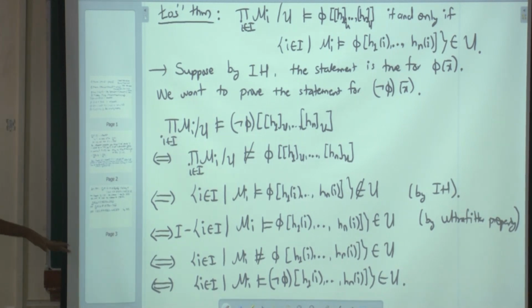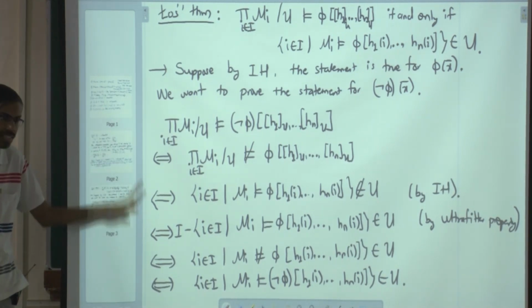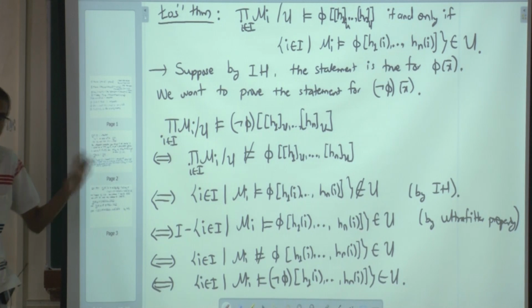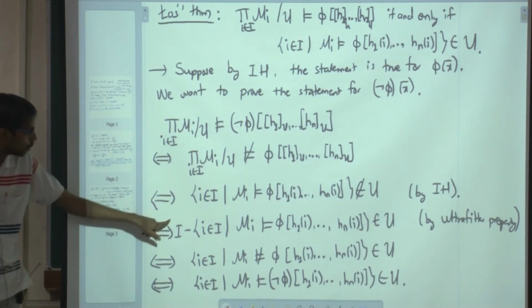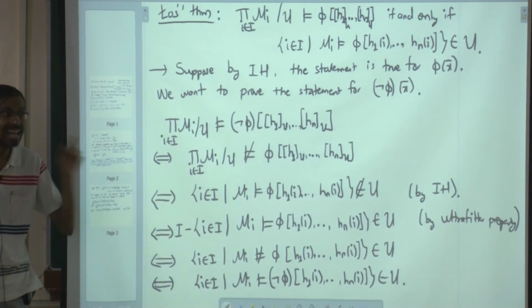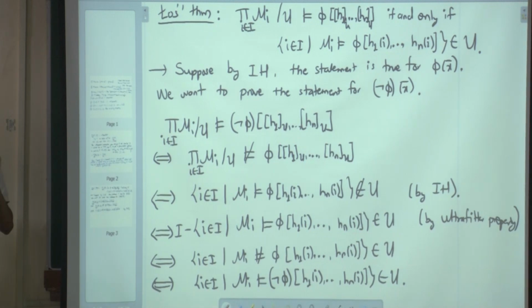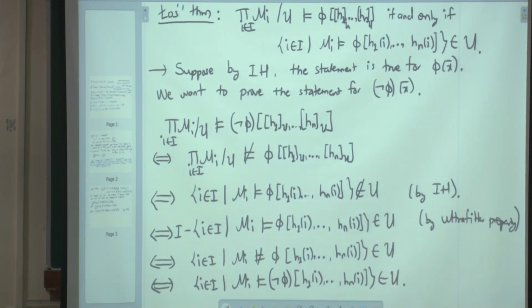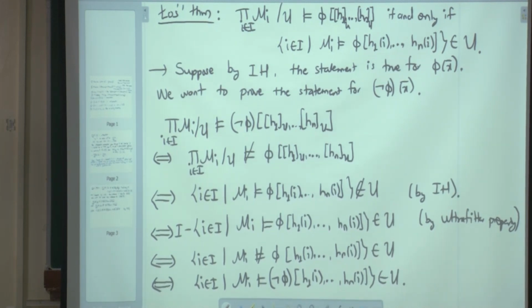Okay, all the remaining things, exists and conjunction, everything is simple. But this is the only crucial property where we use that it is an ultrafilter, and that's why Walsh's theorem is a very strong statement. It says that if a majority of the component structures satisfy your property phi, then the ultraproduct will also satisfy it.